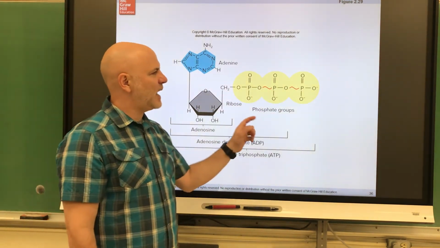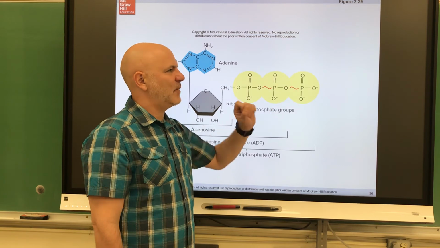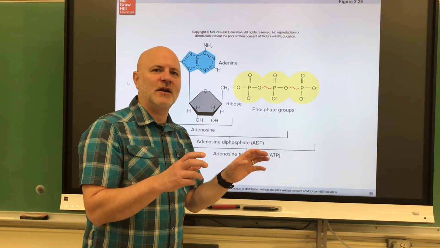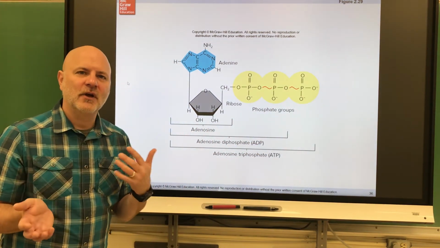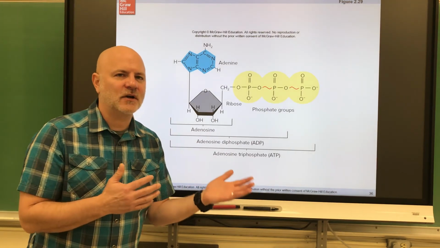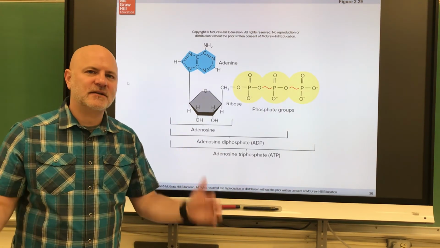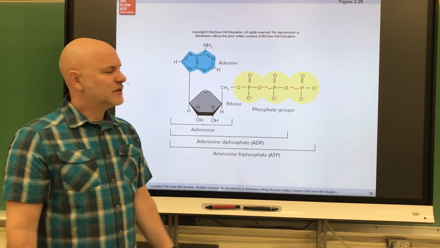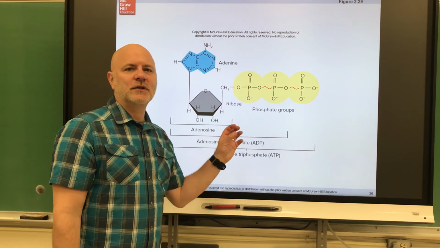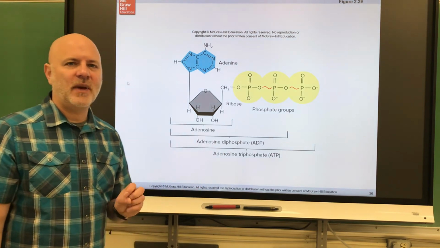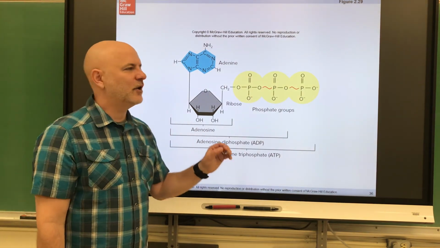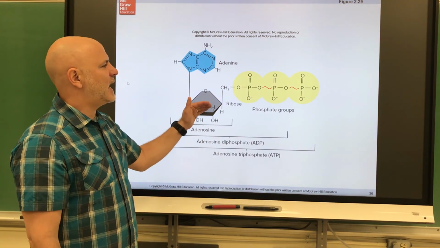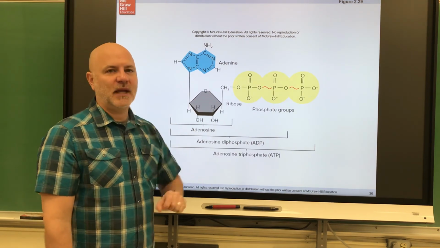So when we use some energy, we're going to break one of these chemical bonds here, and that releases the energy to do whatever we need energy for. Moving molecules across membranes, causing muscle contractions, thought processes, whatever we need energy for. Okay? So when we use glucose for energy, as I mentioned before, we break down glucose and we convert that energy in breaking down glucose into making ATPs.